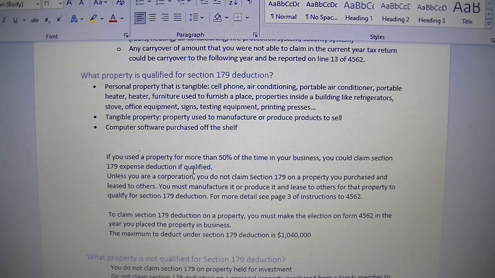And if you use it for investment, you have to track that as well. If you use it for more than 50% of the time for business, and it's in the list, it could qualify for 179 expense deduction.